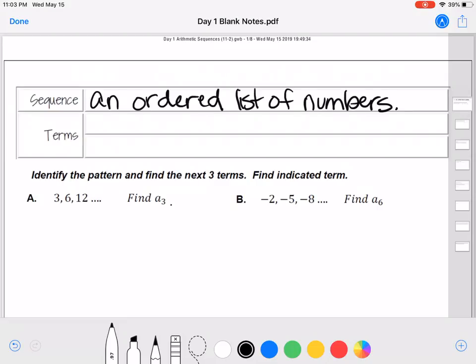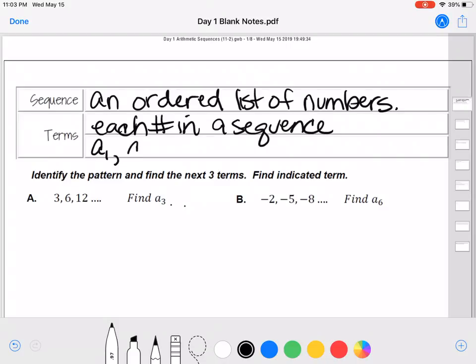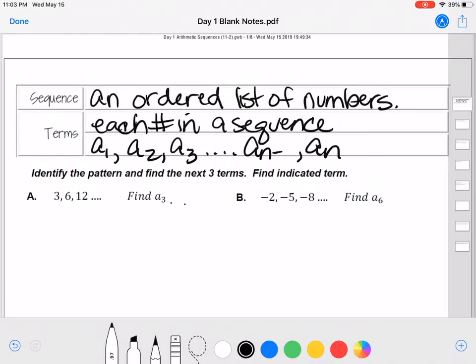Terms are each number in a sequence. So your sequence will go a sub 1, a sub 2, a sub 3, on and on and on, till a sub n. And before a sub n would be a sub n minus 1.